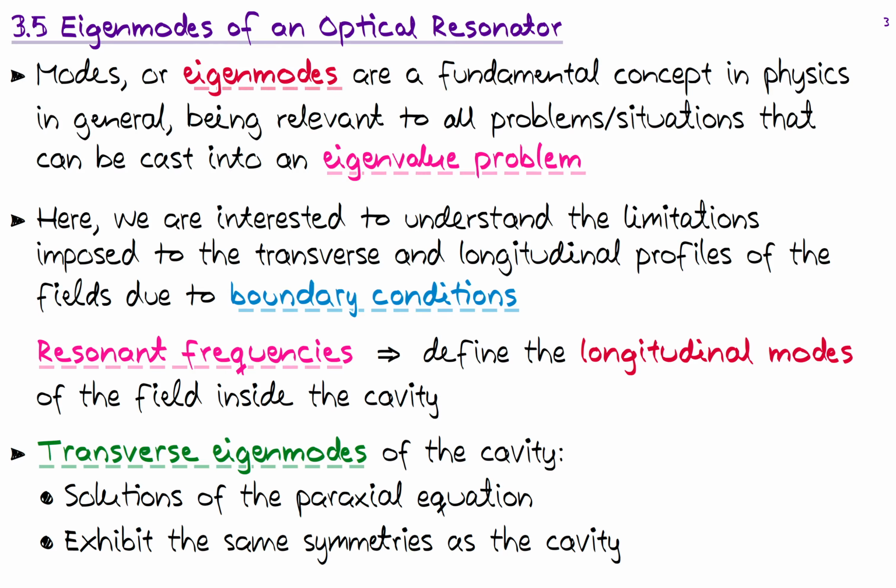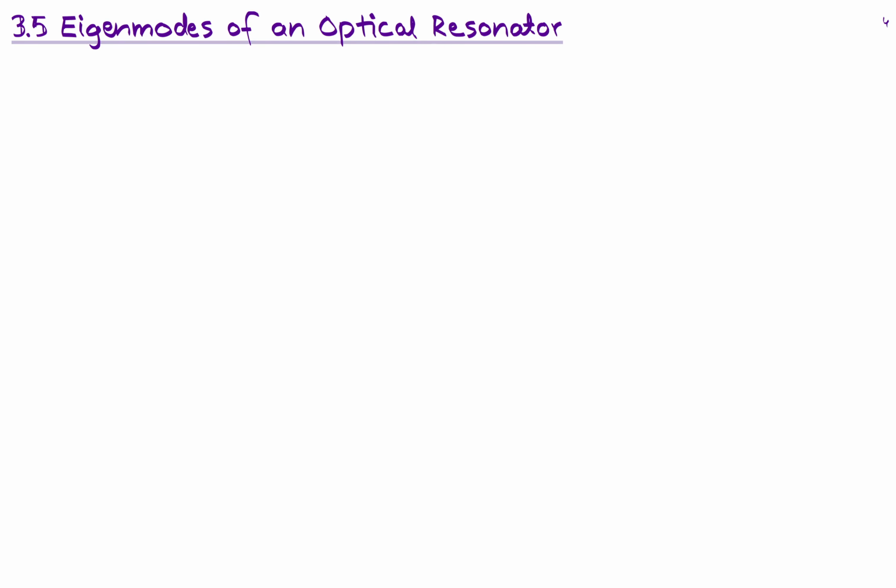These transverse eigenmodes, or transverse field distributions, correspond to different kinds of laser beams propagating slightly differently. They exhibit the same symmetries as imposed by the cavity configuration. So depending on what kind of cavity you have, you will have slightly different transverse mode families to deal with. But more on that later, also with pictures.